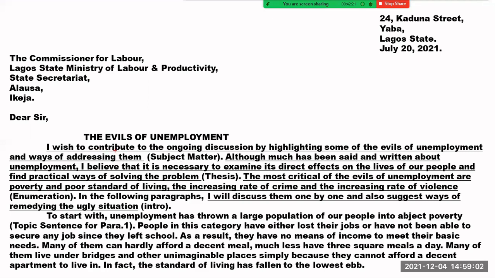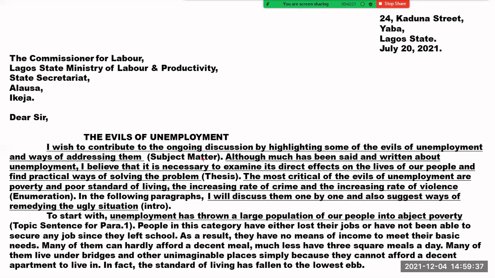You can as well decide to write, I wish to draw your attention to some of the evils of unemployment, and suggest ways of addressing them. But since we have been told that there are ongoing discussions, which means even the commissioner is aware of discussions going on, and you just want to contribute your own quota, you want to share your own ideas and make recommendations. So that can be an appropriate way to start it.